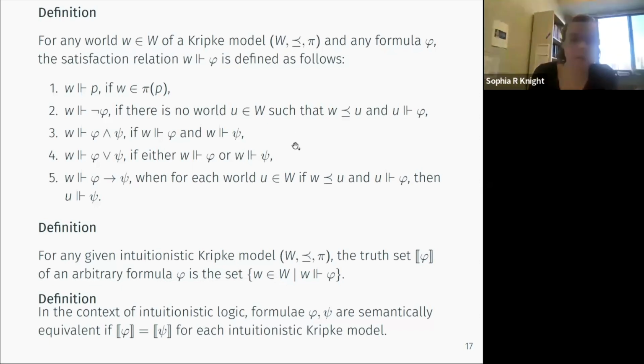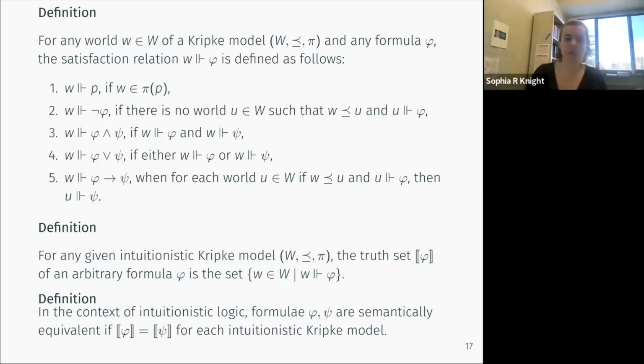And is defined the normal way. We don't have De Morgan's law anymore in intuitionistic logic, and so we need both of these operators. And then implication is also defined in a new way. We're at W now, and if we look at any world U that's above W, if phi is true there, then psi has to be true there.